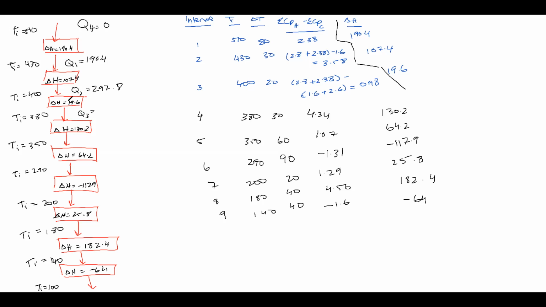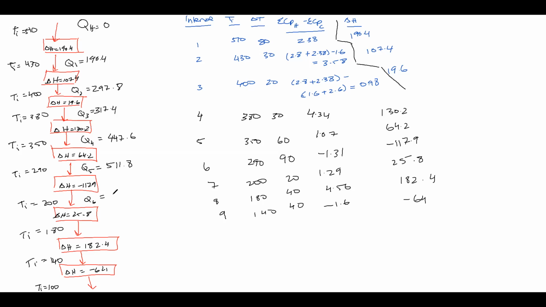Q3 is 297.8 plus 19.6, 317.4. Q4, again same idea, this plus this, we're going to get 447.6. Q5, 447.6 plus 64.2 is 511.8.